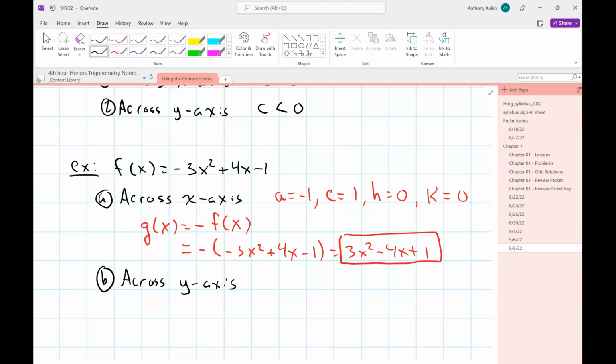So if I want to reflect across the y-axis, this time that c value needs to be negative. And the other values I'll just pick their null values for. So the multiplicative pieces will be 1s and the additive pieces will be zeros.